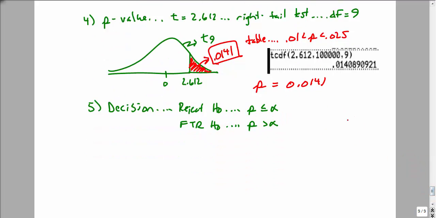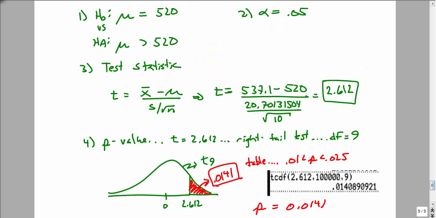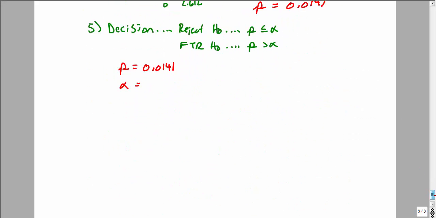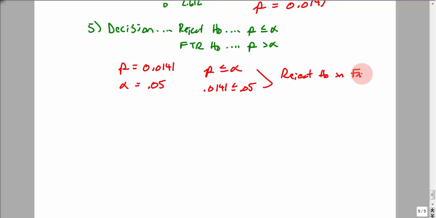Our p-value was 0.0141, and my alpha for this problem, I have to scroll up and look, yep, alpha is 0.05. So we can see pretty clearly that p is less than or equal to alpha: 0.0141 is less than or equal to 0.05. So the decision is to reject H0 in favor of HA.